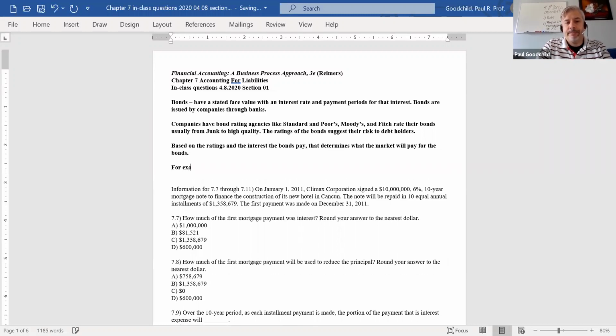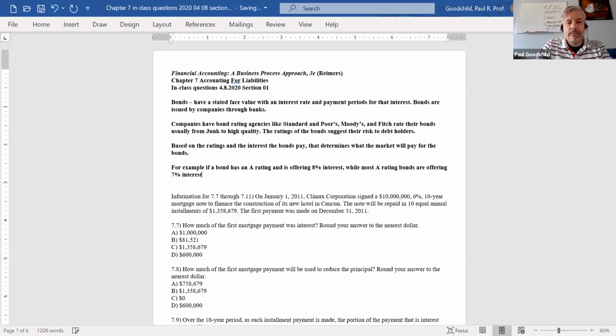For example, if a bond has an A rating and is offering 8% interest, while most A rating bonds are offering 7% interest, the bond will sell at a premium. And vice versa.